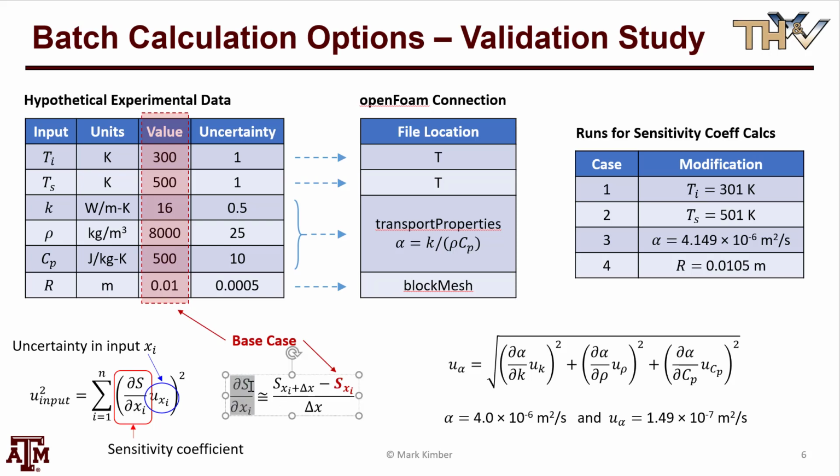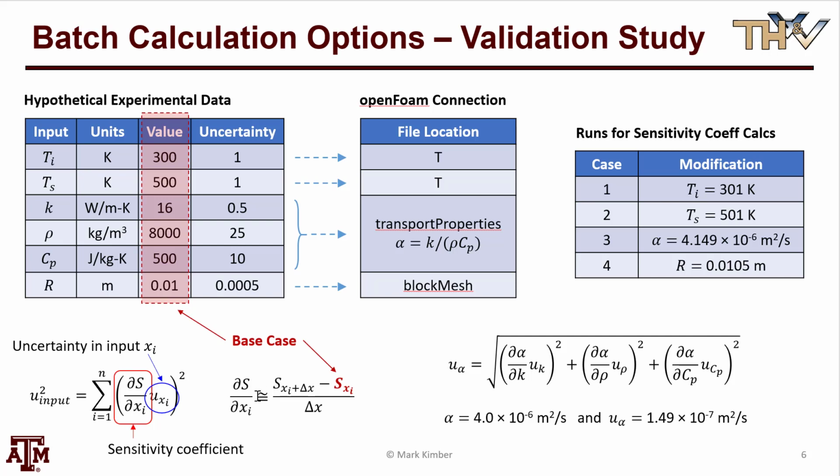And so S represents some parameter that I care about. Maybe it's the temperature at the center line at a specific time. And so I'll calculate this sensitivity coefficient by considering multiple simulations and data from those multiple simulations.